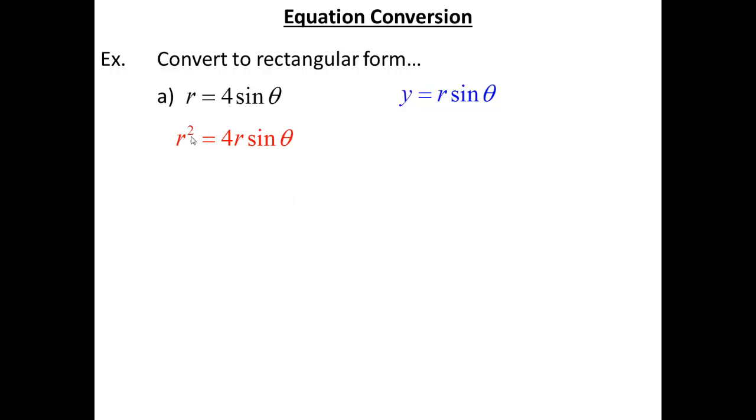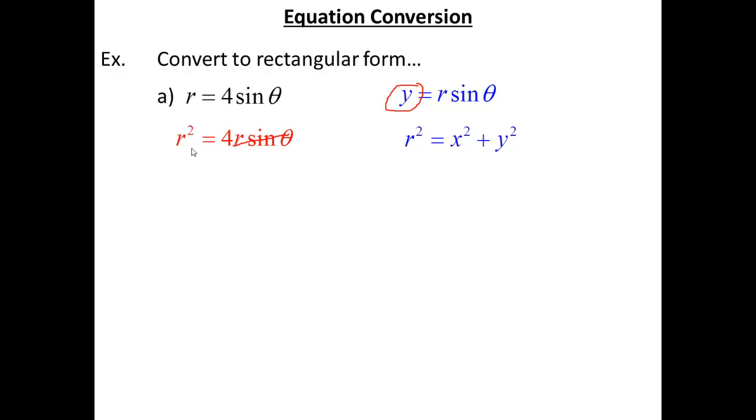I get r squared on the left, and I have 4r sine on the right. Well, now r sine, I can take this entire piece and cross it out and replace it with the y value. And for that matter, I can do the same thing with r squared, because if r equals the square root of x squared plus y squared, then r squared equals just x squared plus y squared.